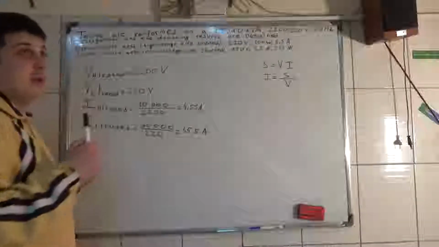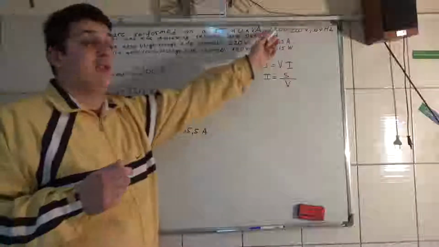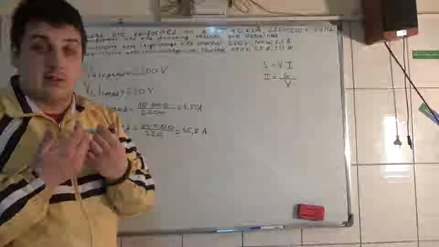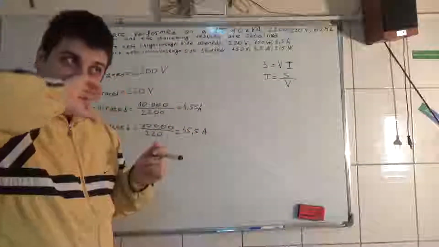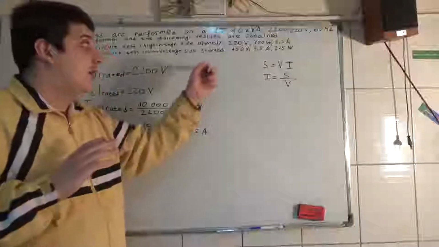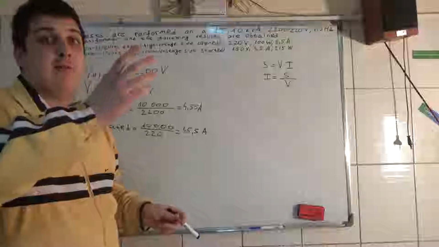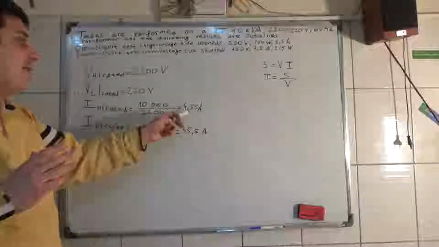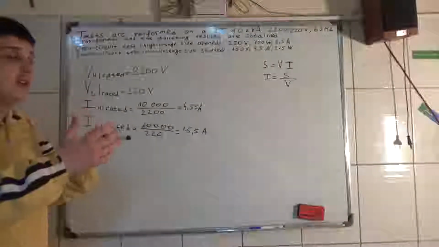So we don't bring 2200 volts on the high voltage side, because then the current is going to be huge. So we manually raise the voltage from 0 to some value when the ammeter is going to show 4.5, the rated current of the transformer.